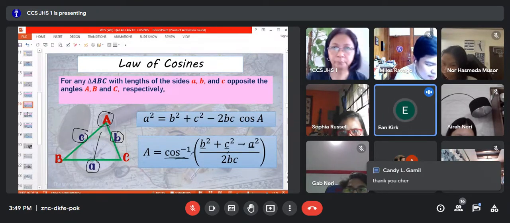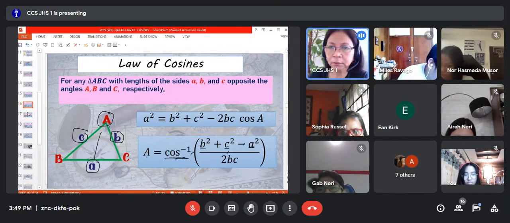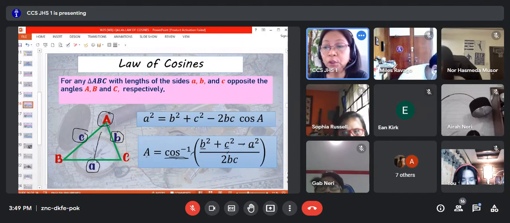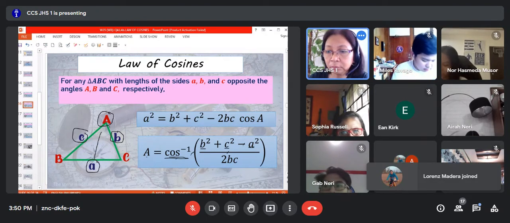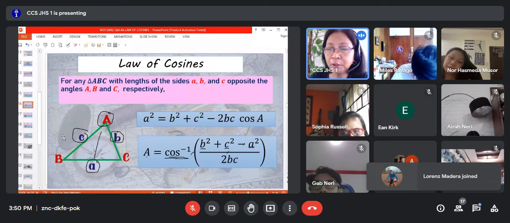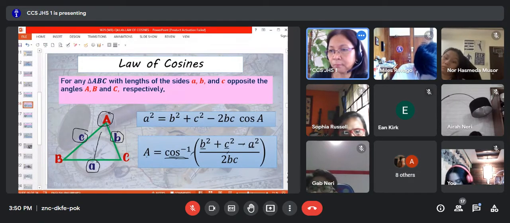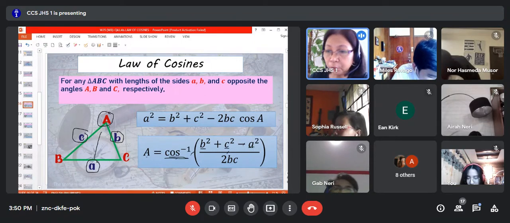The scale is 1 cm to 1 meter. That's your scale. The centimeters you measure in your drawing should be changed to meters. So for every 1 cm, 1 meter. So in your problem, you're going to use meters, not centimeters.